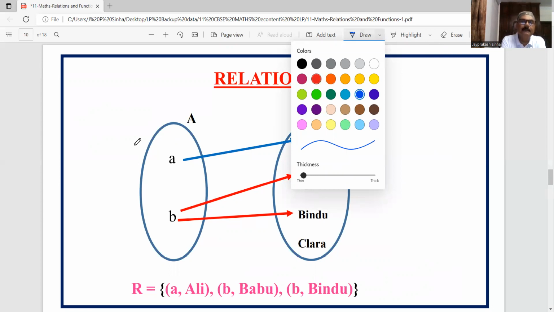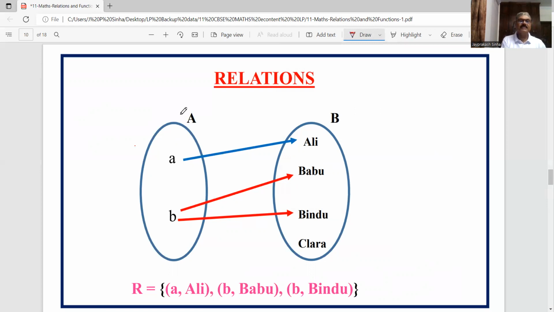Okay, so there are two sets, set A and set B. Set A is having two elements, A and B. Set B is having 4 elements, Ali, Babu, Bindu, Clara. So we can find the Cartesian product of these two sets, A cross B. Correct?